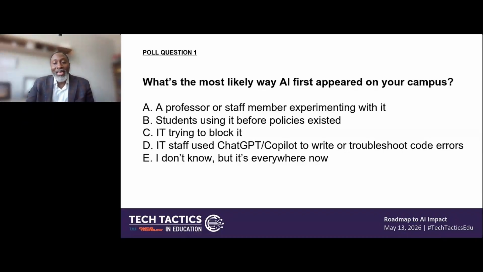D, IT staff themselves were using it, whether it be ChatGPT, Copilot, to write or troubleshoot code errors. Or E, you don't know how, but it's everywhere now in your organization, across your institution. So if you don't mind, in the chat, just put the answer to what's the most likely way AI first appeared on your campus. A, B, C, D, or E.